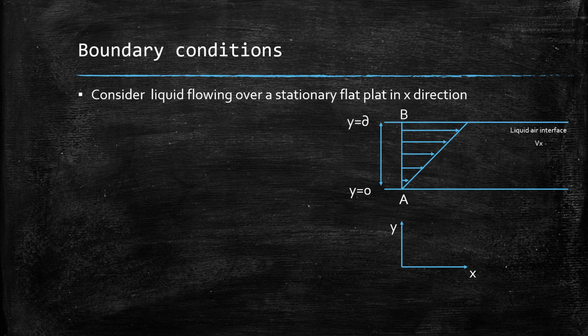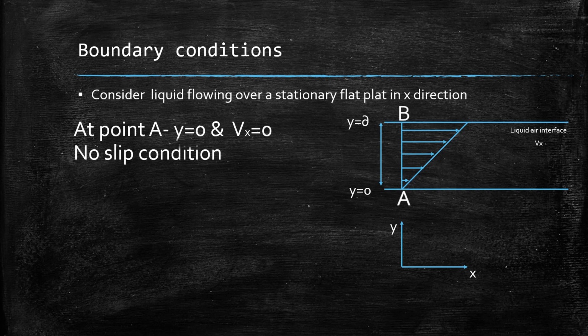Now where are the boundary conditions over here? Point A and point B are the boundary conditions. So what happens at point A? At point A, y is equal to 0. What is the relevance of y equal to 0? It is the point from where we are going to start our analysis, right?